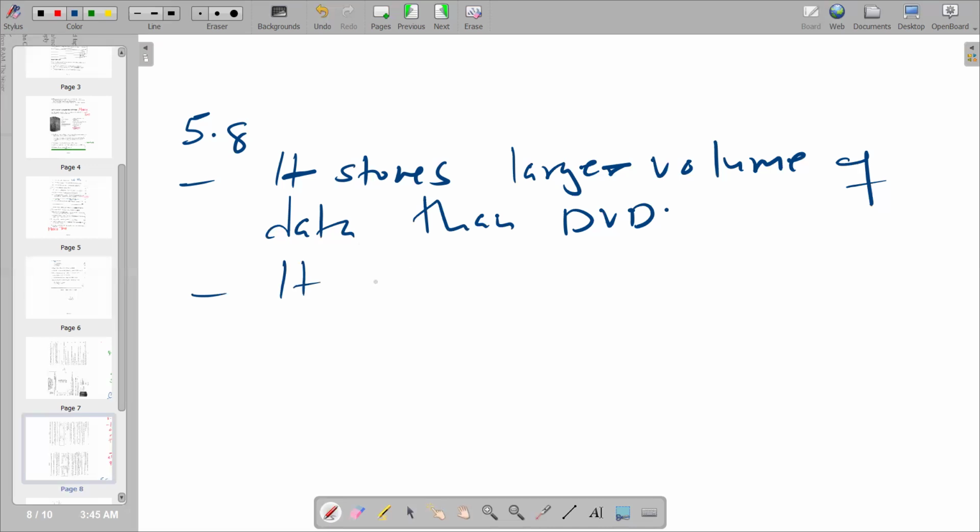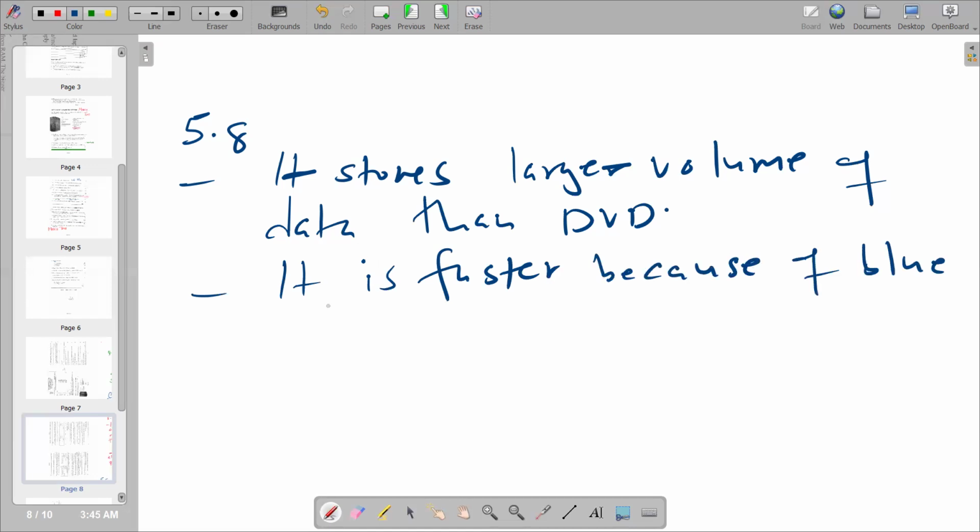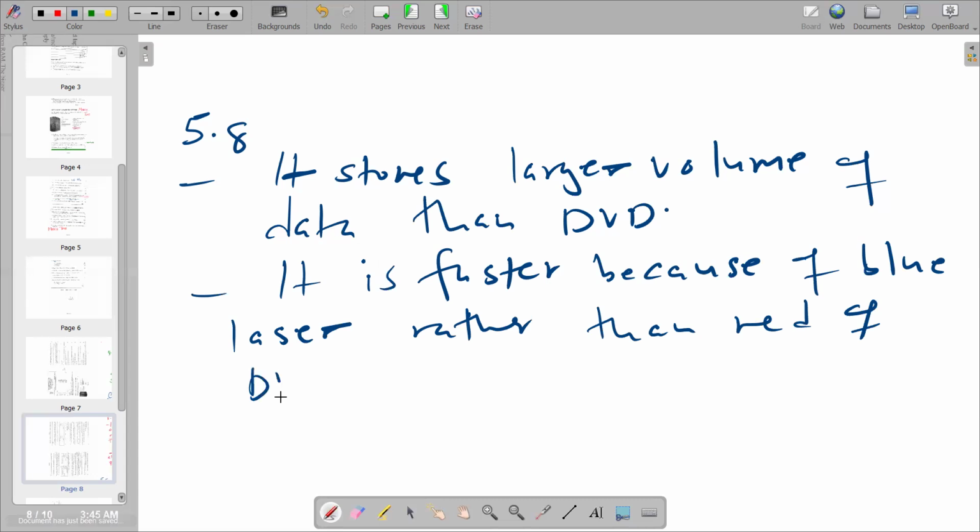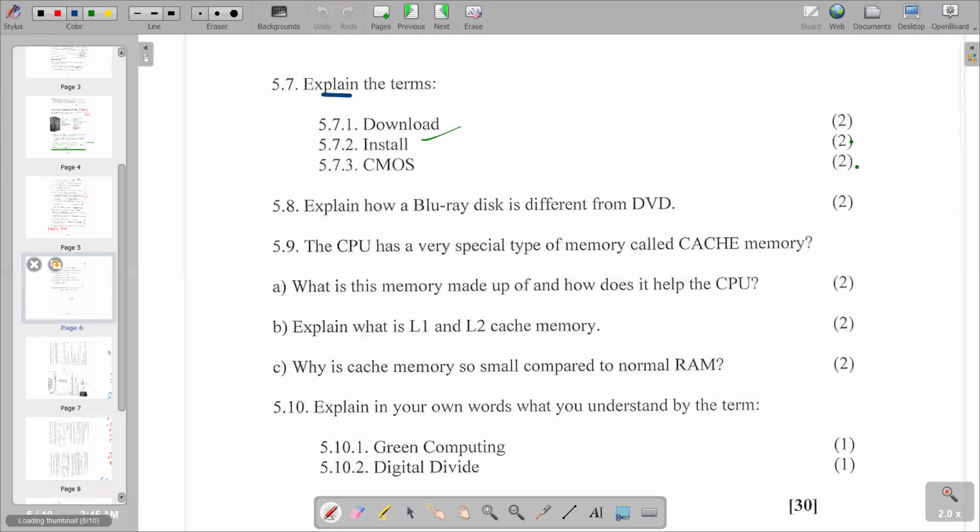So basically, the essence is that it is faster, and the reason for it being faster is the blue laser rather than the red laser of a DVD. Basically, that's what we call 5.8, and we move to the next one, which is now 5.9.